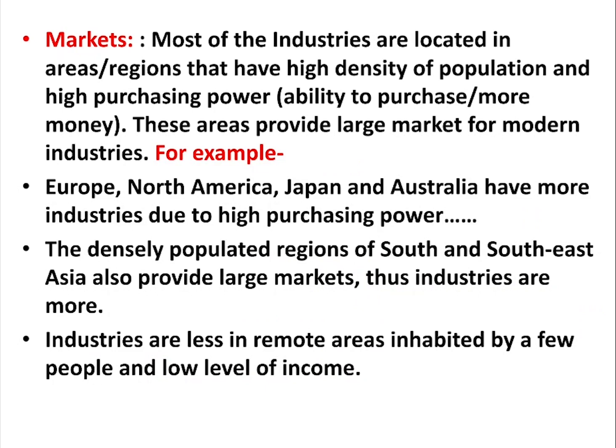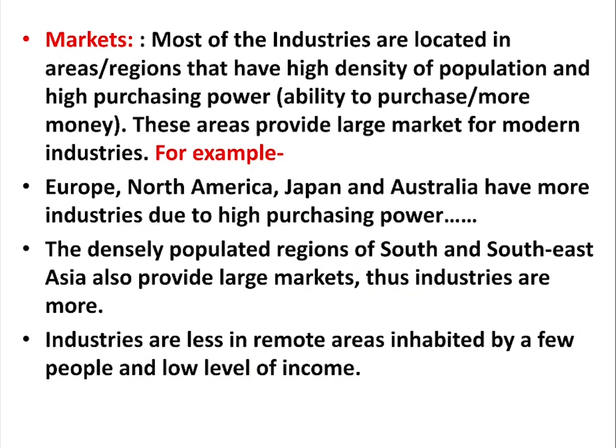Based on our textbook, they have divided the market into two: regions having a high density of population, like South and Southeast Asian countries, and regions having high purchasing power, which means mostly developed countries. In developed countries, people have more income. More income means more money, and more money means higher purchasing power.